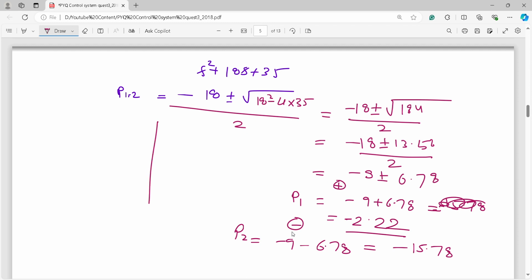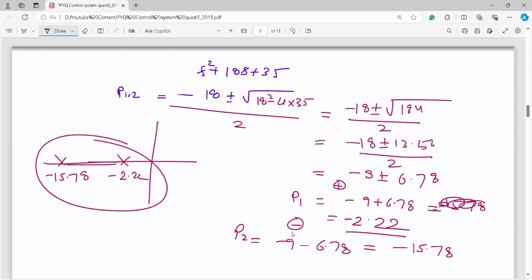So one pole lies here and the other lies there. Then you can see the poles are real and distinct.